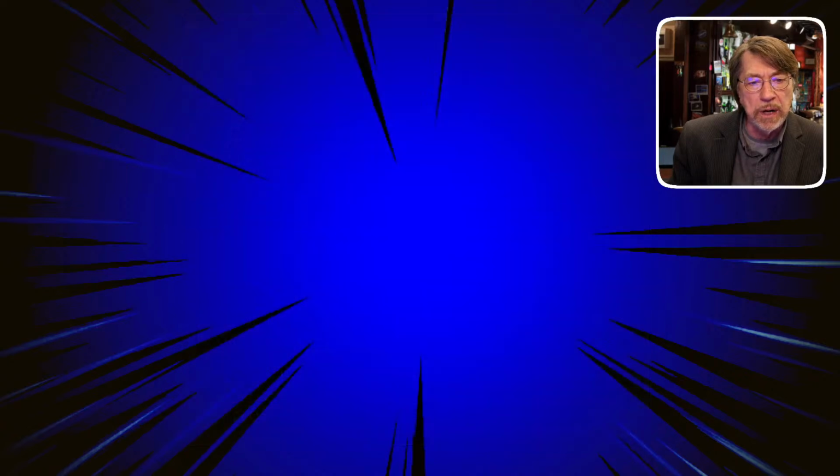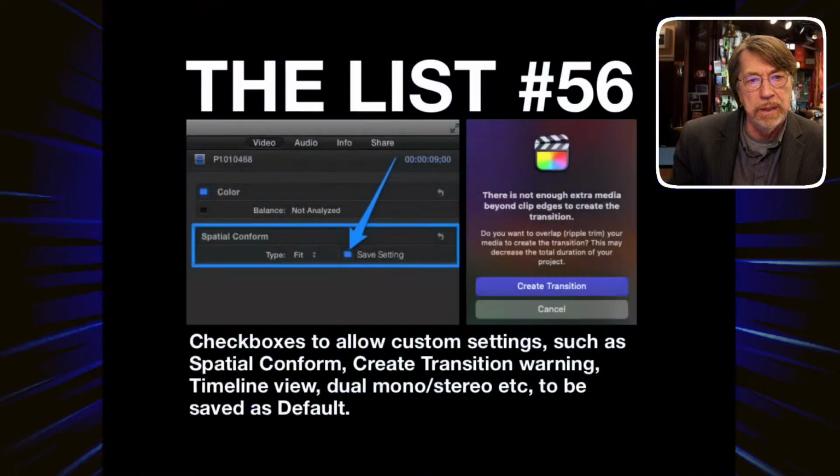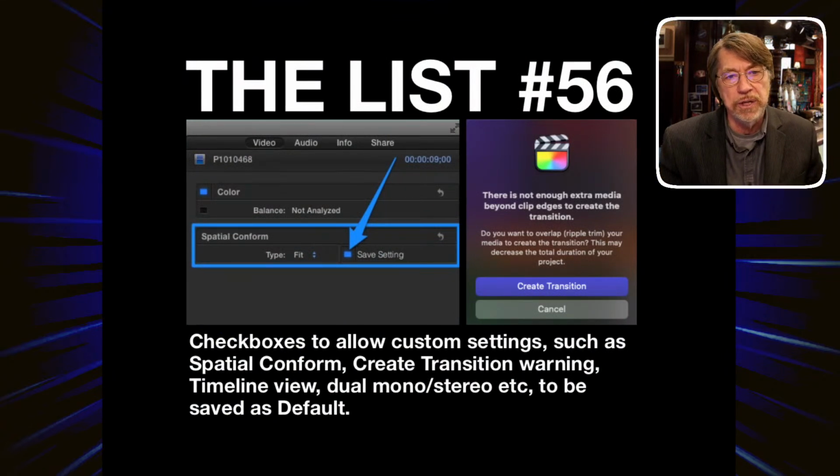So speaking of things that I want to see in Final Cut, I have a list of 100, but here's one. Checkboxes to allow custom settings such as spatial conform, create transition warning, timeline view, dual mono stereo, etc., to be saved as default.